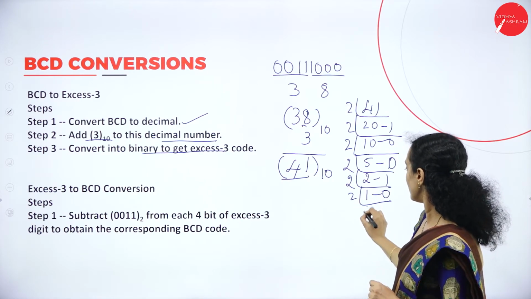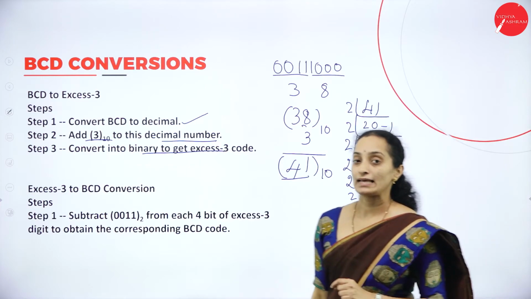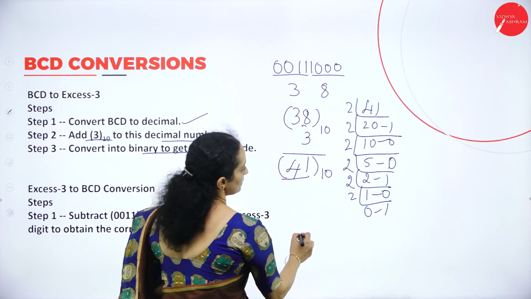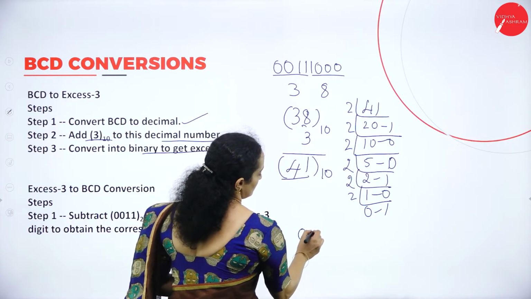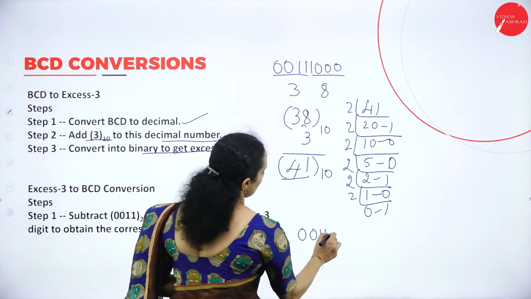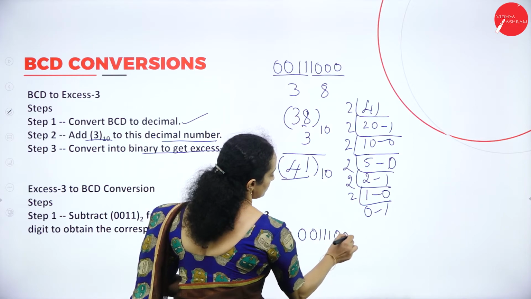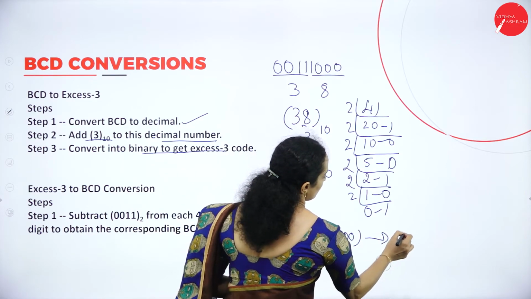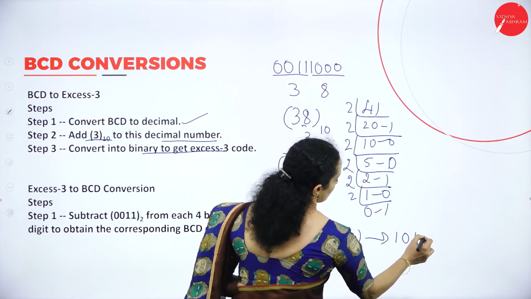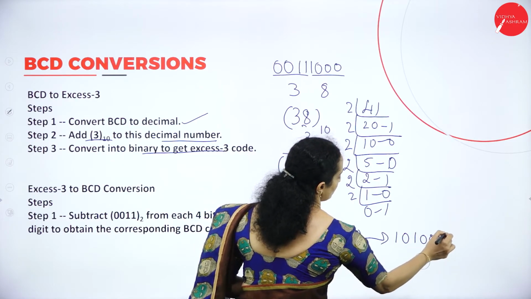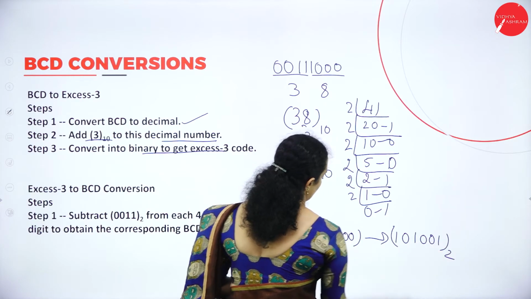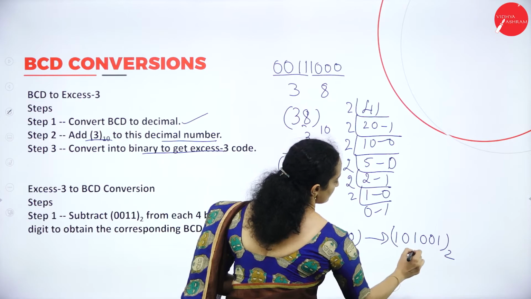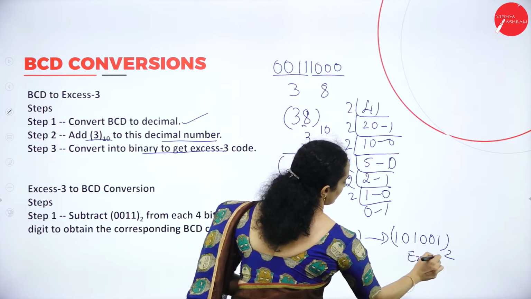Now we have the XS3 equivalent of BCD, that is 0 0 1 1 1 0 0 0, which can be represented as 1 0 1 0 0 1. This is a BCD form, whereas this is an XS3 form.